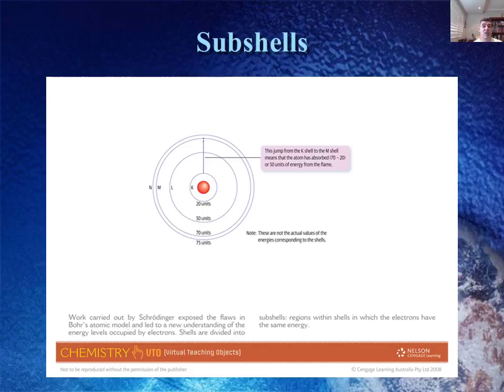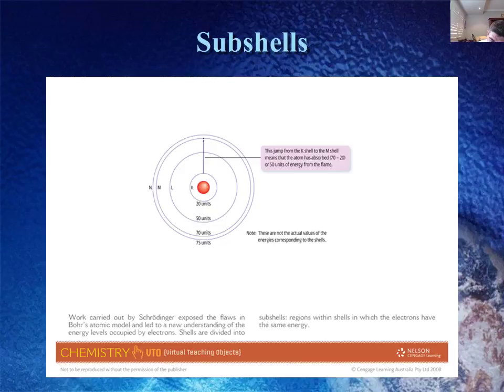Within each of these shells is a number of subshells, and that is what allows us to look at how the shells will fill, how each of these electrons will populate the atom, and where they will be distributed around the nucleus. There are a number of important consequences of the understanding of shells and subshells.